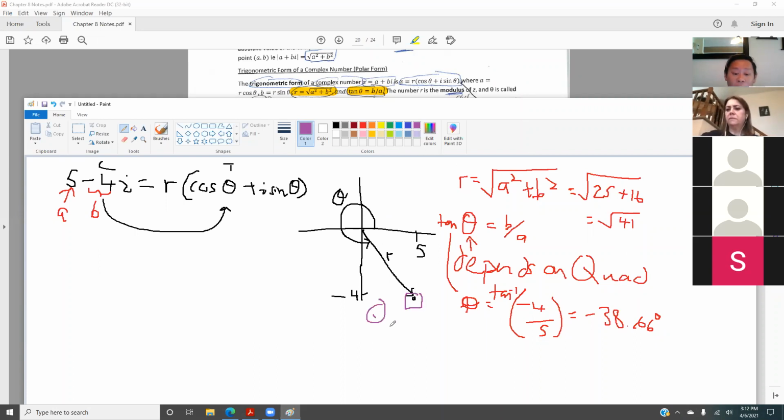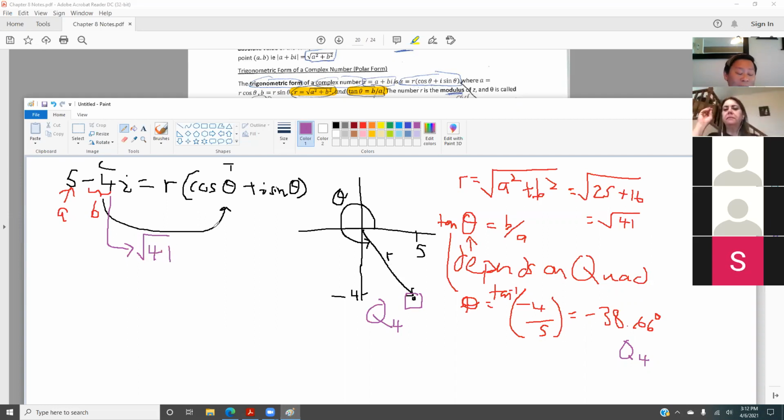This is in quadrant 4. And where is negative 38.66? That is also in quadrant 4. So that means this is the correct quadrant with the correct point. So your answer in this case will be square root of 41.